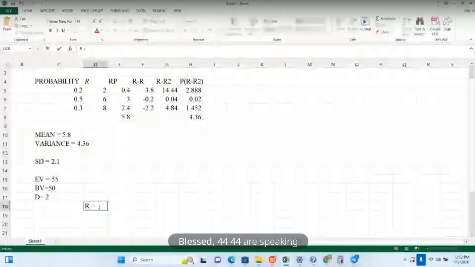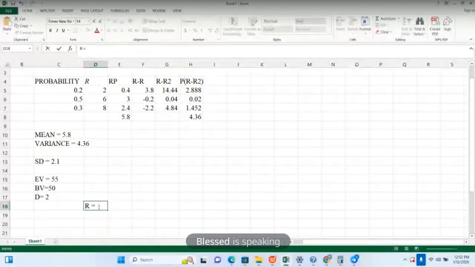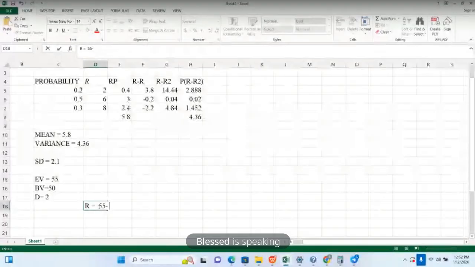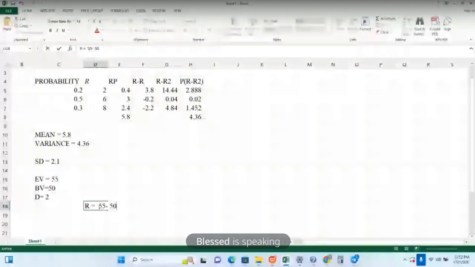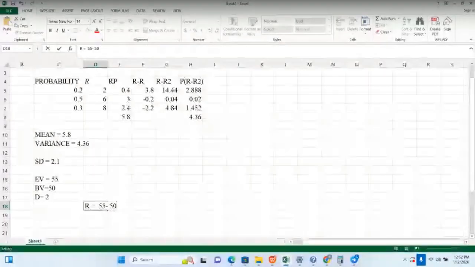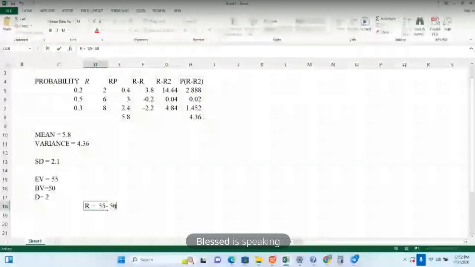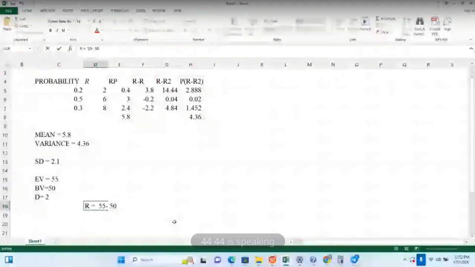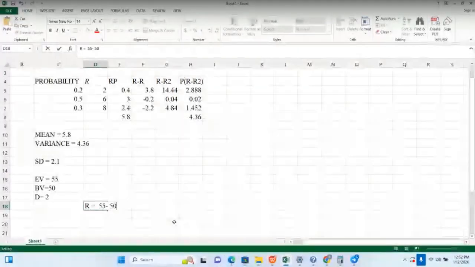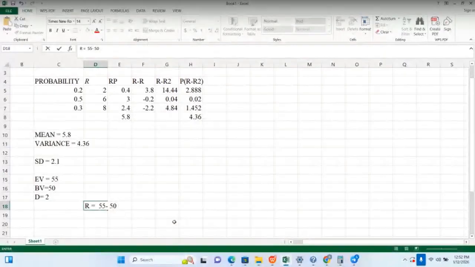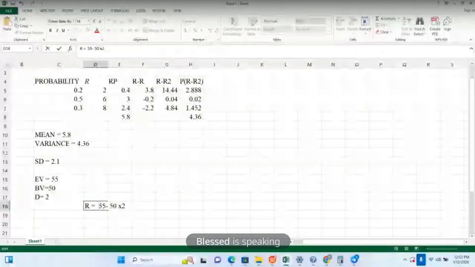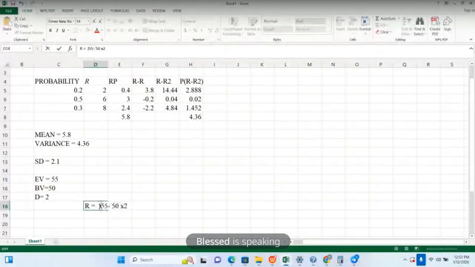So we now say that our EV at the end is 55, minus BV at the beginning, 50, plus the dividend, times 2. Don't forget these are inside the bracket.